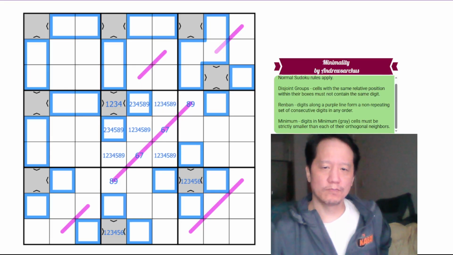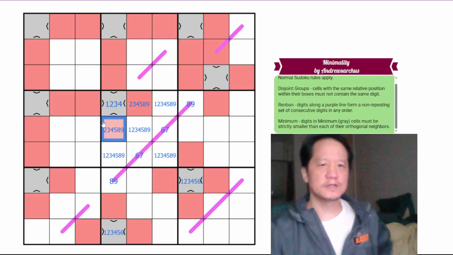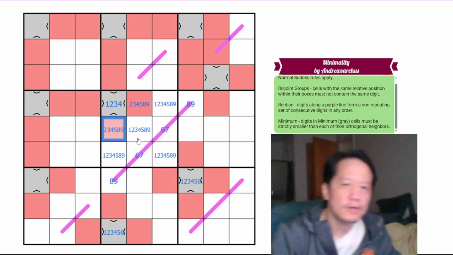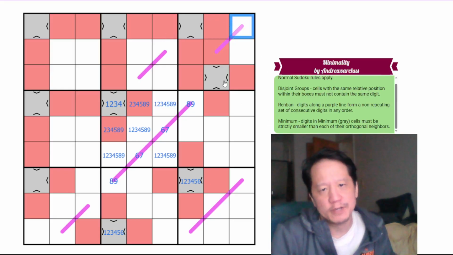These cannot be ones. Hmm. This cannot be a 1, because then that would force this to be 2, and then this digit would have to be less than 2, but the only digit that's less than 2 is 1. So this cannot be 1 here.